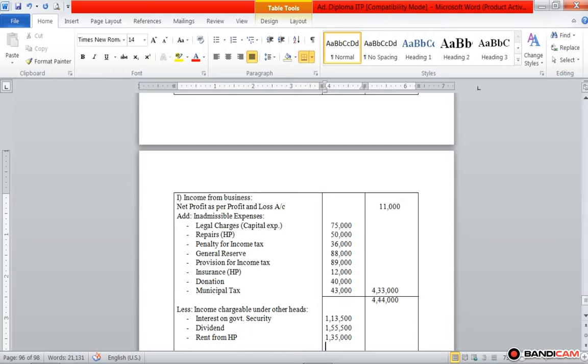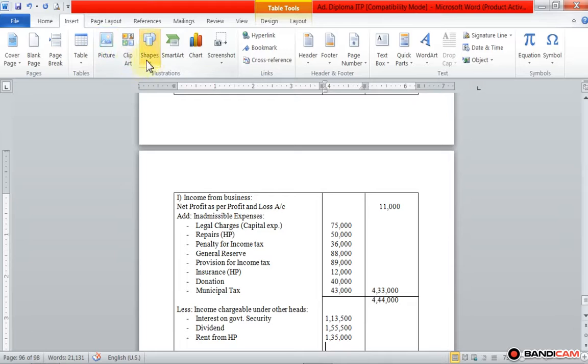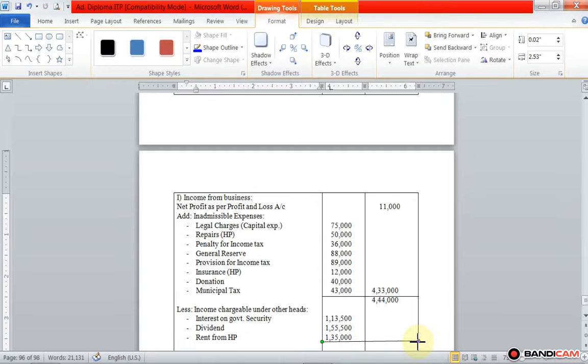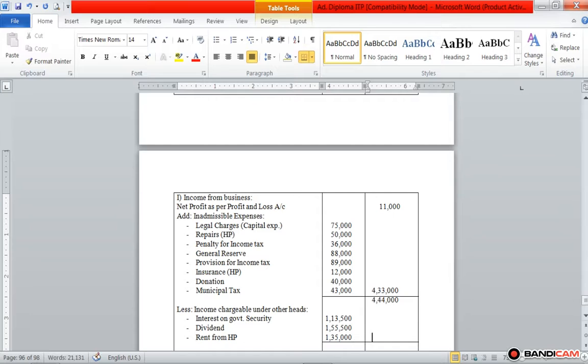The total is 4,04,000. So deduct this 4,04,000 from 4,44,000, and we get 40,000 as the net income.